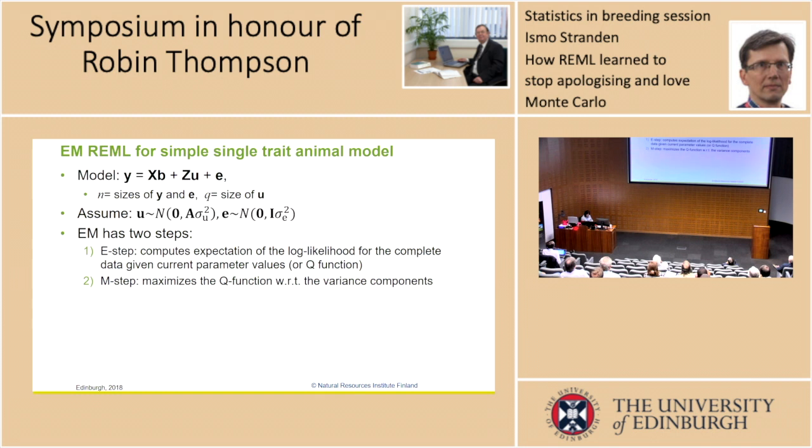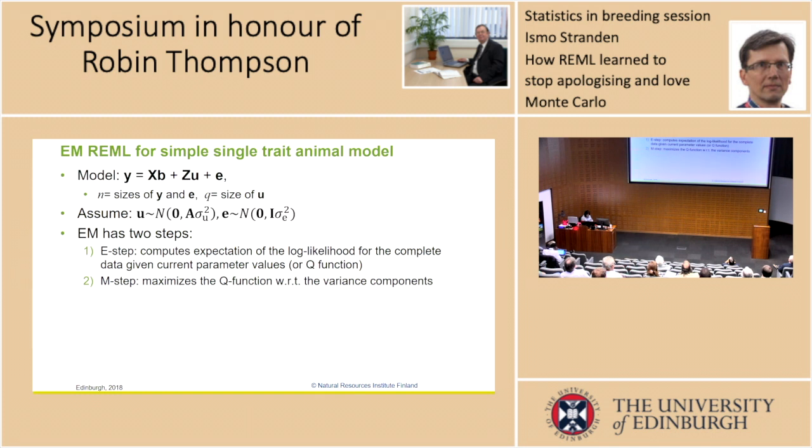So we have a model, a simple one. I have simplified things from the paper, just a single trait animal model. And we have the usual assumptions of breeding values from a normal density with the numerator relationship matrix A times the genetic variance, and the residuals.